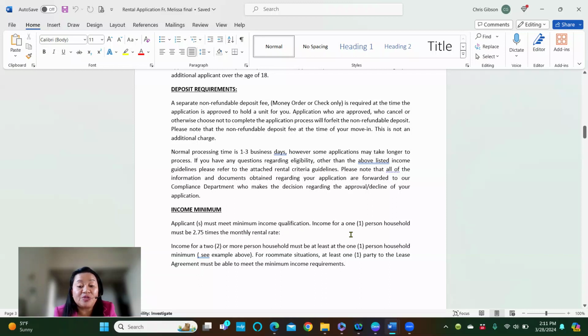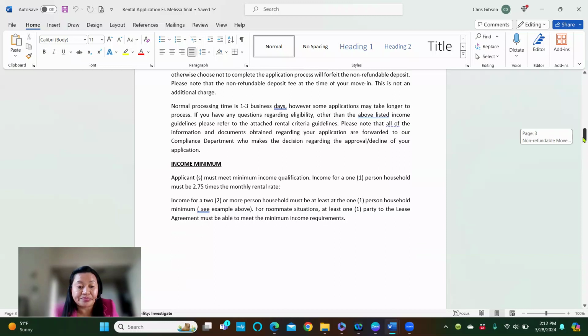Income for a one-person household must be 2.7 or 3 times the monthly rental rate. So that's our qualification. So if on this first page they think that they are not qualified, they will not continue filling out the forms.